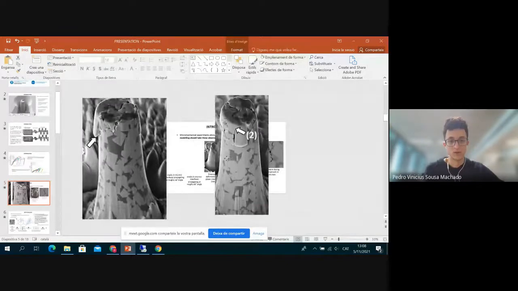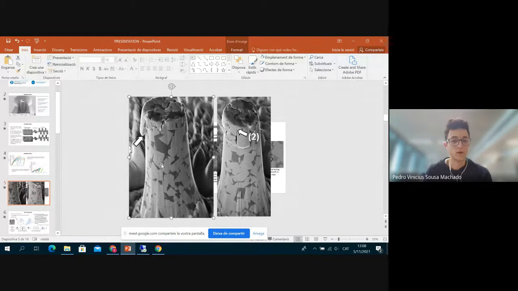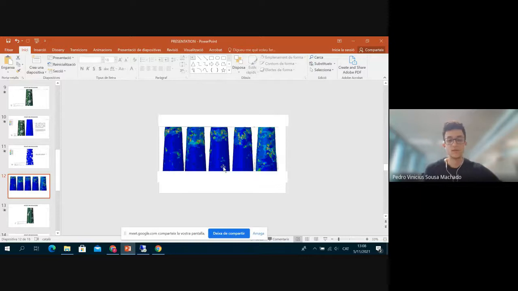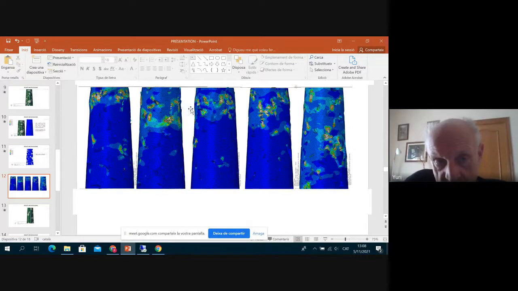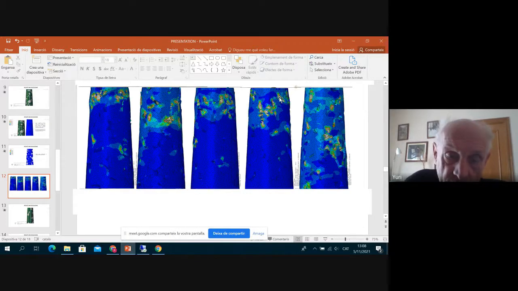On the experiments, yes, we observe the cracks on the top, and the images of the simulations are telling us that right here the material has failed because the deformation here is really high. It means that there is a crack here in the simulation. Okay, yeah, I see. No, I understood.